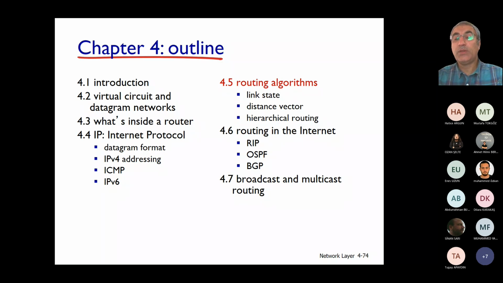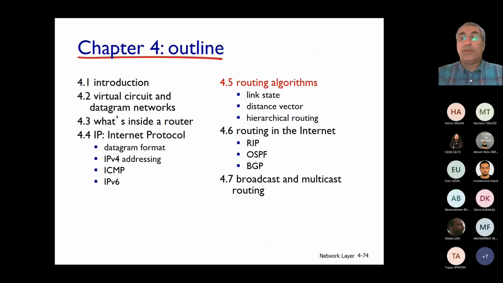In the first section, we will learn the main principles of these algorithms. And then in the second part, which is 4.6, we are going to go over some of the specific protocols that we utilize in the internet, such as RIP, OSPF, and BGP.